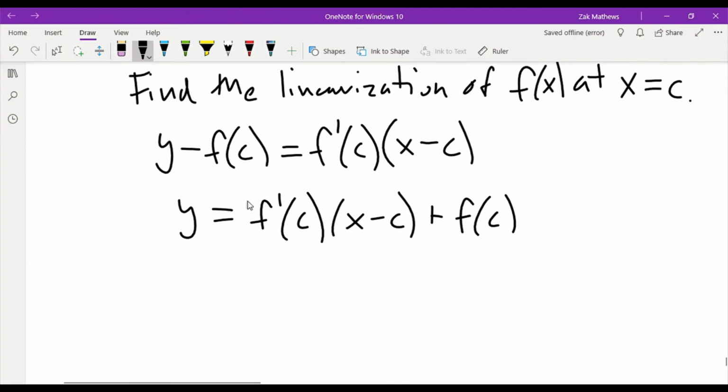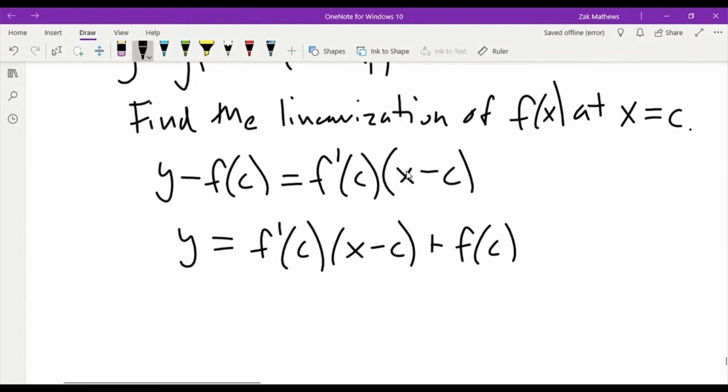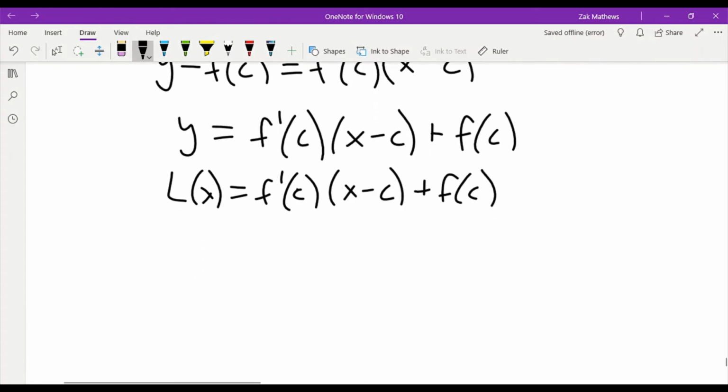And then the last thing I'm going to do, because this isn't just any old line, it's a very specific thing we're doing, we're finding the linearization at f(c), I'm going to rename y as L(x). L(x) just representing the linearization, and everything else is going to look the same. Again, we've done that because it has a very specific purpose. It's going to allow us to find that linear approximation at certain points.